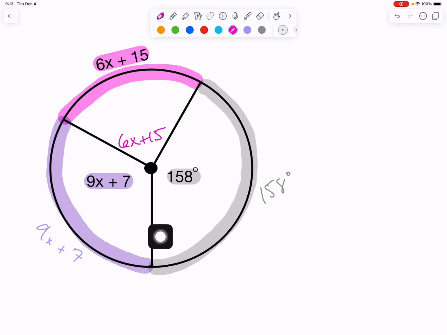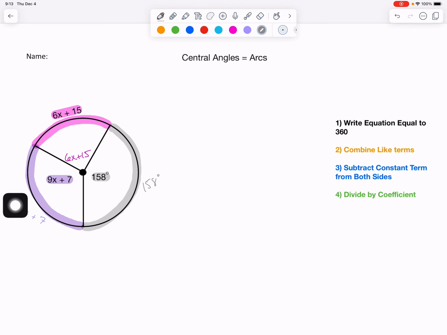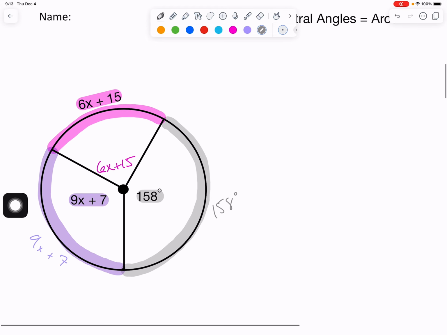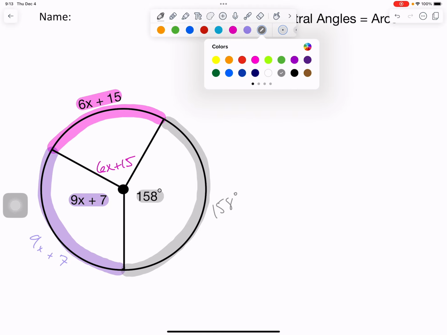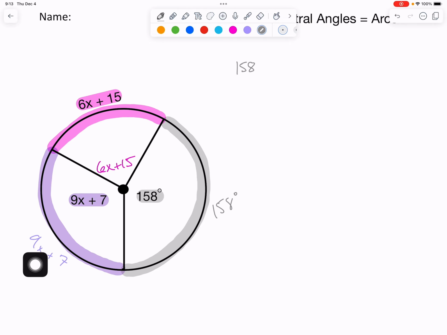Now, in order to solve for x, we will take either the 3 arcs or the 3 central angles, which are all the same, and set them equal to how many degrees is that pizza? Yes, 360 degrees. We will start with our 158, and then we are going to add 9x plus 7 to it.